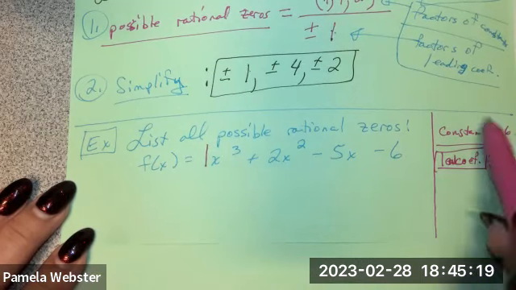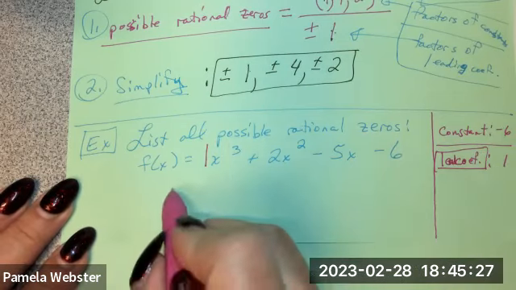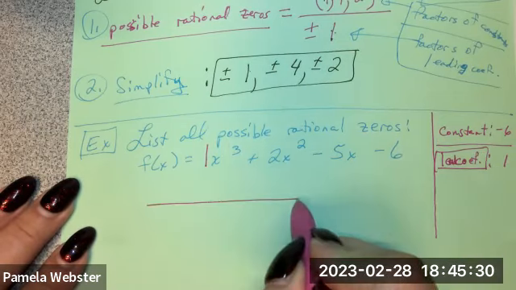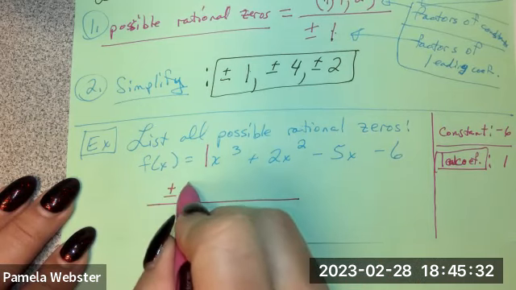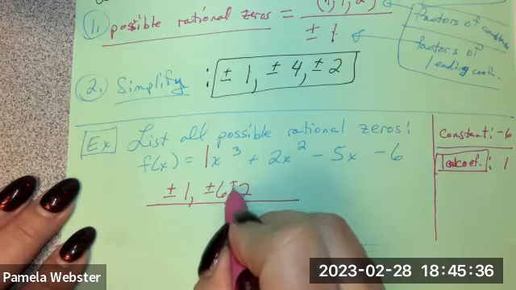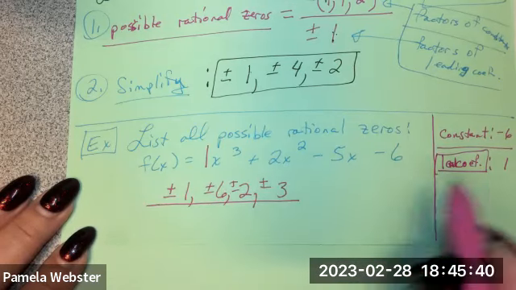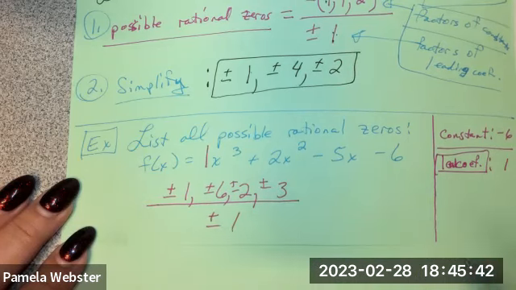So when I list all these and I've got the guys that are the factors of the constant, -6 on top, and I'm dividing by the factors of the leading coefficient, it's going to be divide by 1, right? So that's not too bad. So what could 6 be? 6 could be 1 times 6, or it could be 2 times 3. Okay, and on the bottom, factors of 1 are plus or minus 1.